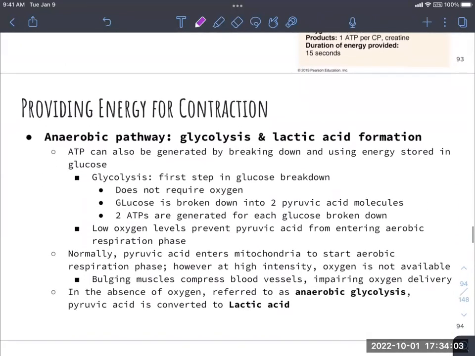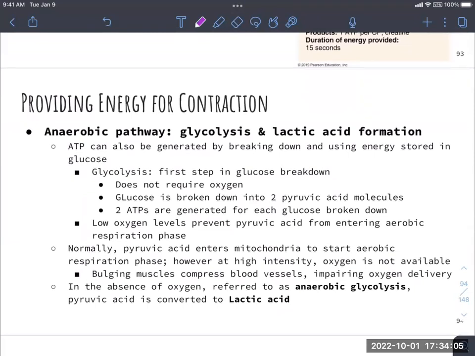I talked about it and mentioned it a little bit in previous chapters. This anaerobic pathway to make ATP, we use this process called glycolysis.